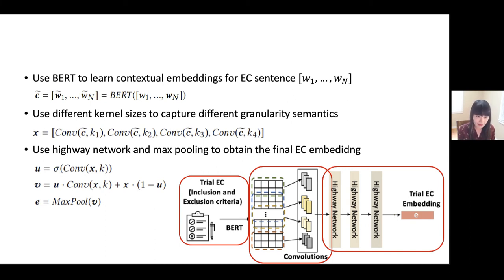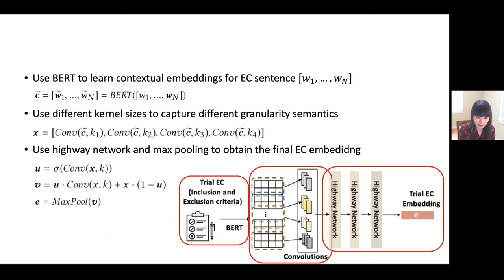To this end, we first use the pre-trained BERT to generate contextualized word embedding for each word in the eligibility criterion. Specifically, we apply the clinical BERT pre-trained on PubMed text and MIMIC-3 doctor notes.